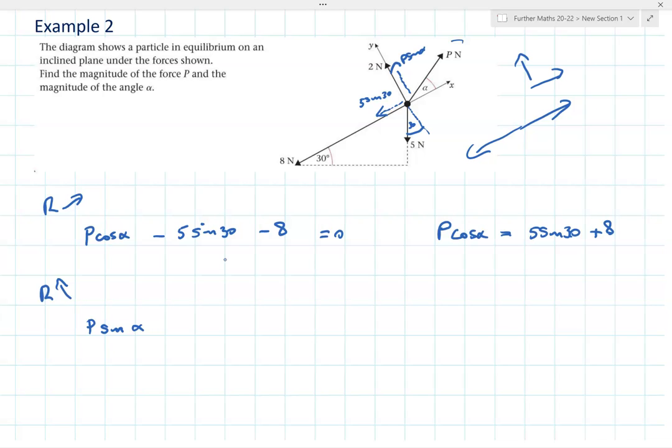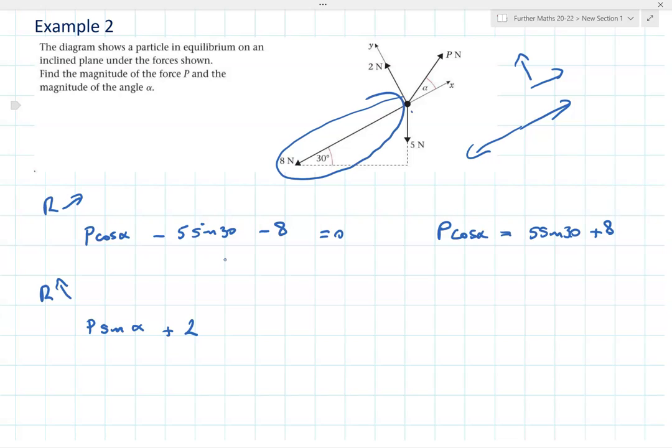Okay, and then I've also got the 2 Newton force going upwards, so that's plus 2. It's going upwards, it's positive. We don't need to use trig on it because it's only going in the y direction. It's going bang on in the y direction.